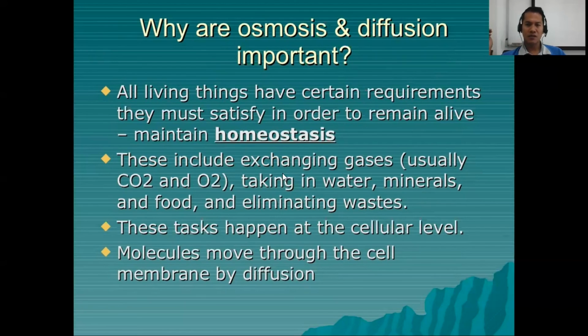So all these are important body processes that help us maintain the balance. All right, these tasks happen at the cellular level. So osmosis and diffusion happen in our cells. Molecules move through the cell membrane by diffusion or osmosis.